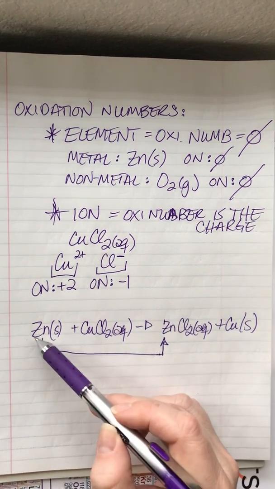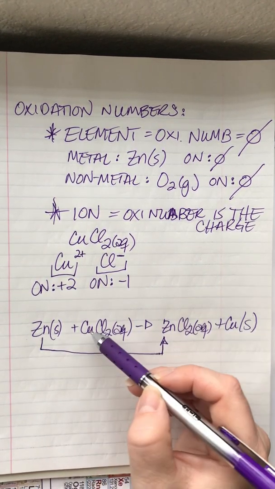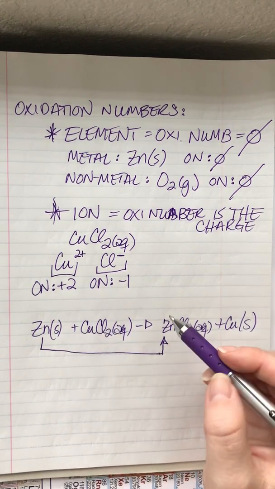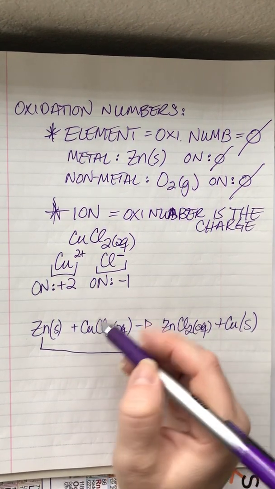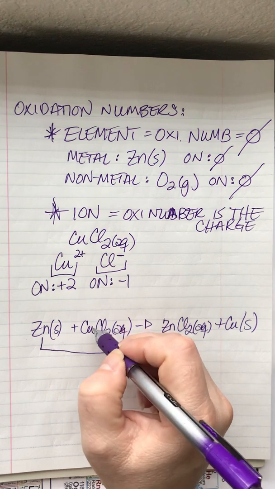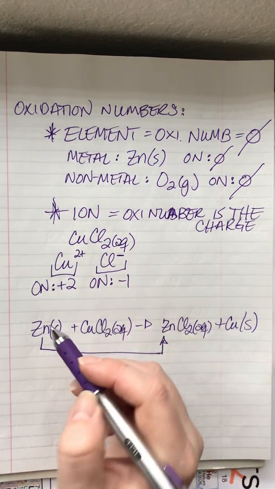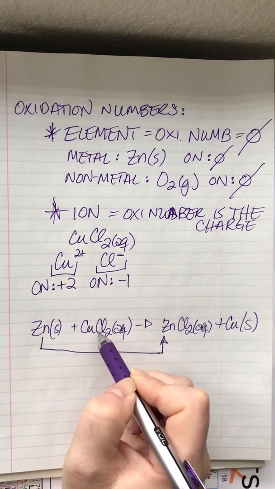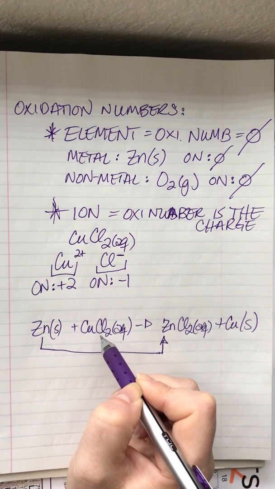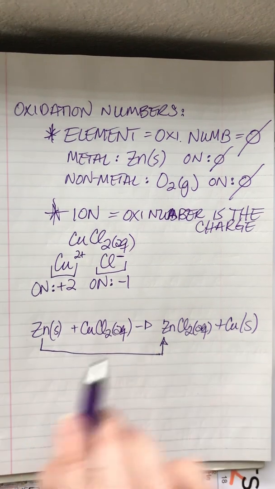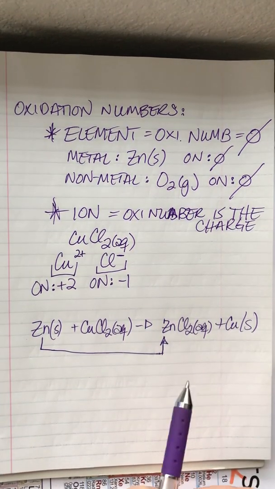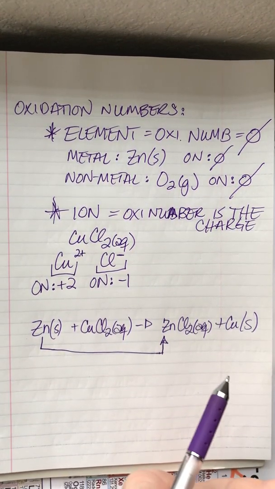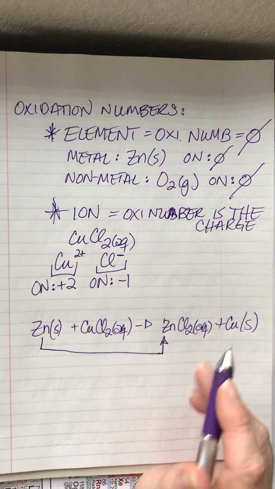But if the zinc is hooked up with the copper, then the copper has electrons missing, and the zinc is going to give the copper electrons, which is what we're going to talk about with oxidation reduction. But before we get there, let's just talk about oxidation numbers, and then we'll get to the bigger picture.